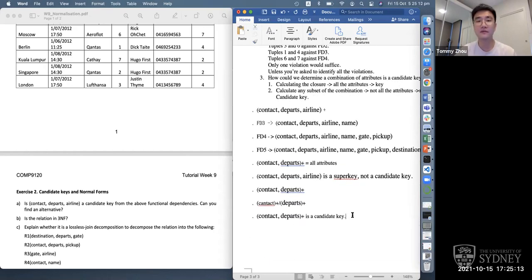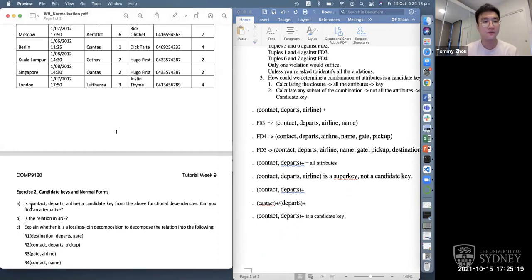Is that clear, everyone? But the next question I want to raise to you guys is, what if we don't have this assumption in the first place? What if the question is asking, can you find a candidate key as the first question? How did you make the first assumption in the first place?